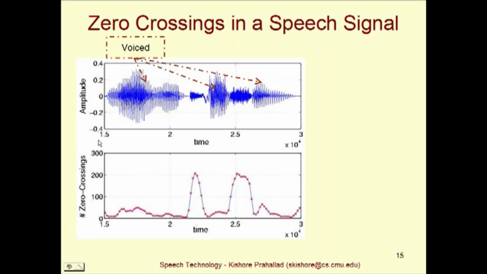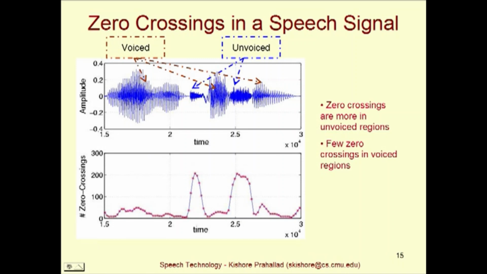So again, we are going to see the voiced sections of this signal and the unvoiced sections here. And it's interesting to observe that whenever there is a voiced region, the zero crossings are very low, and whenever there is unvoiced, here and here, the zero crossings are high.